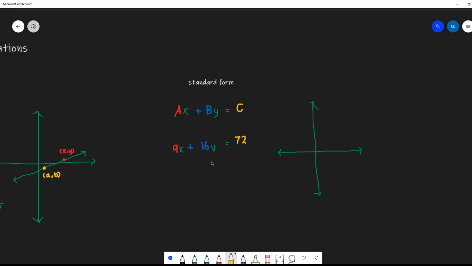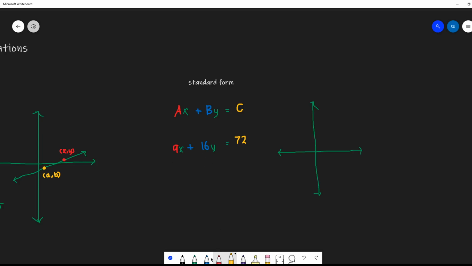So, say we wanted to find the y-intercept. The y-intercept is whenever x is equal to 0, or when the line crosses the y-axis, right? So first we can set x to 0, and after setting x to 0, it becomes 9 times 0 equals 0, so that becomes eliminated.